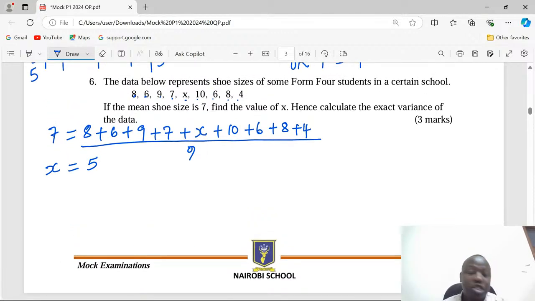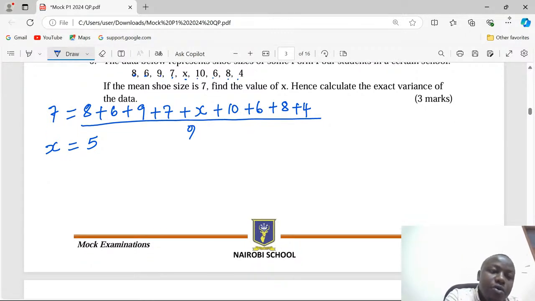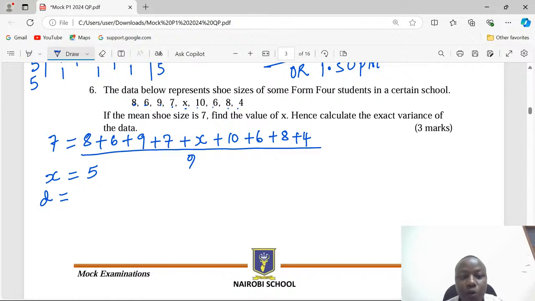Now, when we get the value of x is 5, remember the mean is already calculated. So in our process of calculating variance, we will go directly to the deviations. What will be the deviations? Each value and how it deviates from the mean. We begin with 8 minus the mean of 7, that gives us 1. 6 minus mean gives -1. 9 minus mean, 2. 7 minus mean, 0.